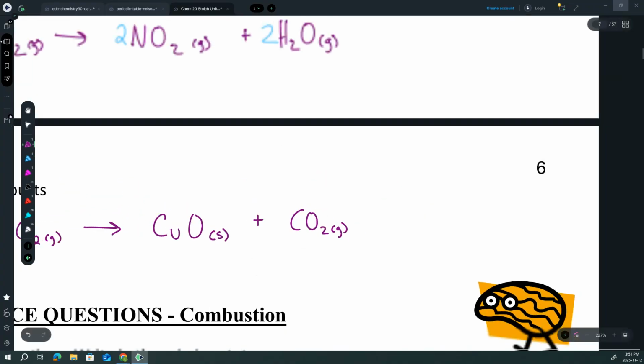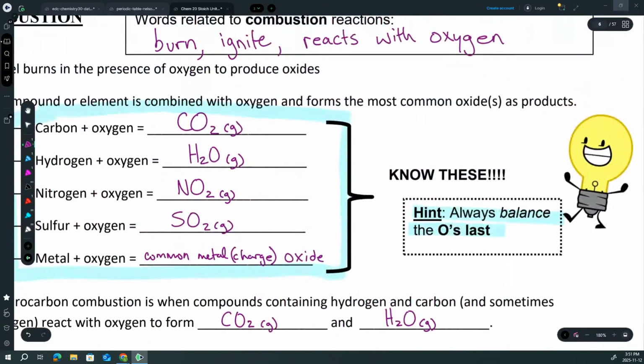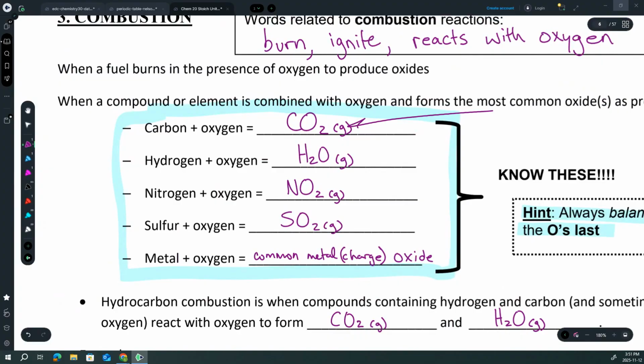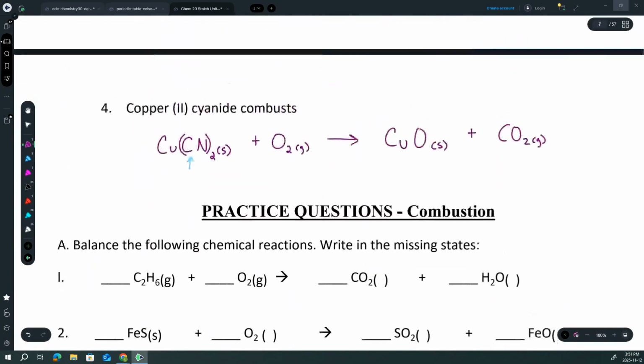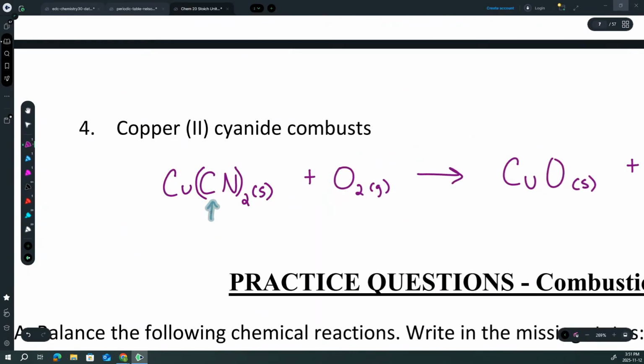Where I'm getting that information from is back in the notes right there. Most common oxide to form with nitrogen would be nitrogen dioxide.